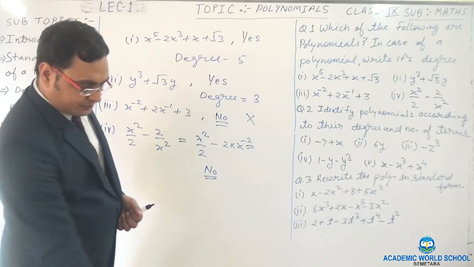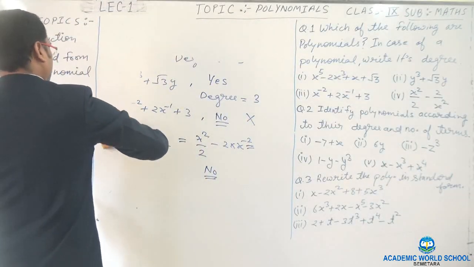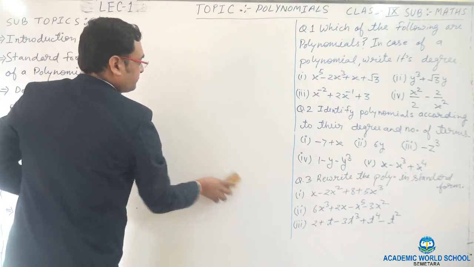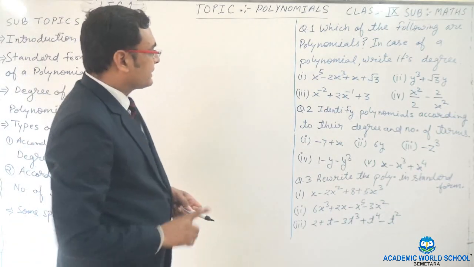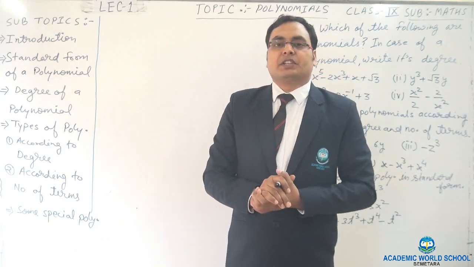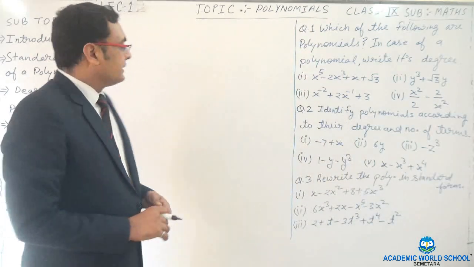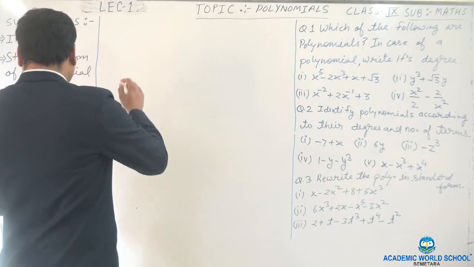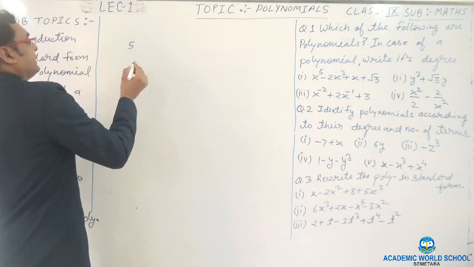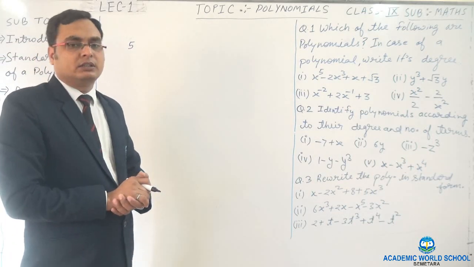Now we will discuss question number 2 here, which is given. Before we discuss this question, we will discuss some special polynomials. Look at here. If we write only a constant term 5, then is it a polynomial or not?